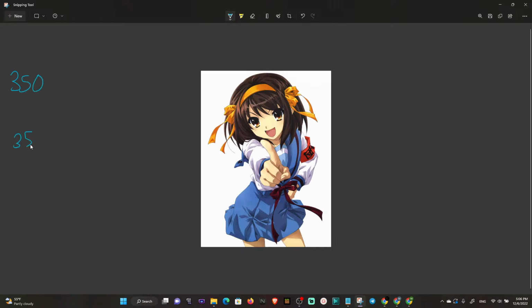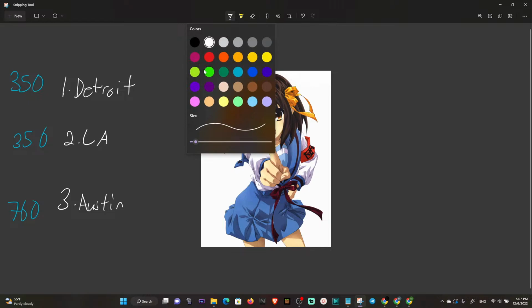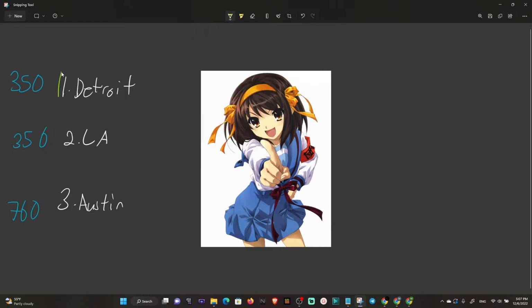350, 350, 700. Let me look up real quick what you guys did while I was gone. 1 is Detroit, 2 is LA, and 3 will be Austin. Those are going to be boxed in with this puke green color.